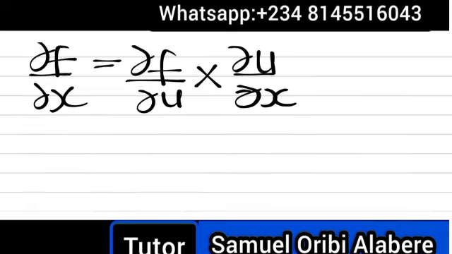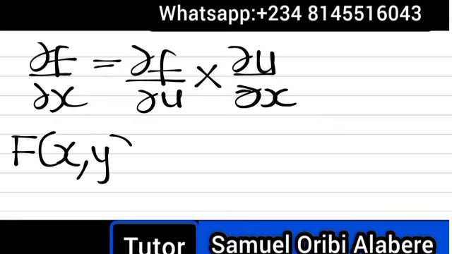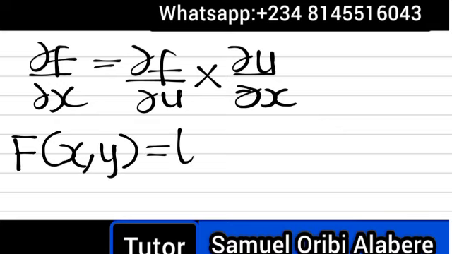Now from the question, we were given the function f of x and y to be equal to ln of x raised to power 2 all over y.